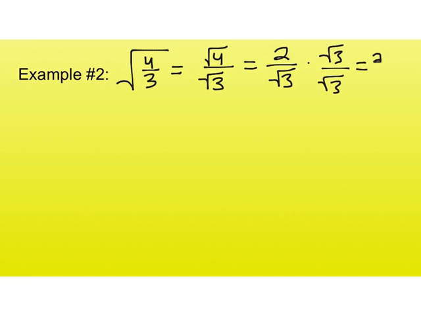So now I get 2 over 2 root 3, and then again my square root 3 times square root 3 is the square root of 9, which is 3. Again, we can't simplify this 3 and this 3 because one's inside the radical and the other is outside the radical.